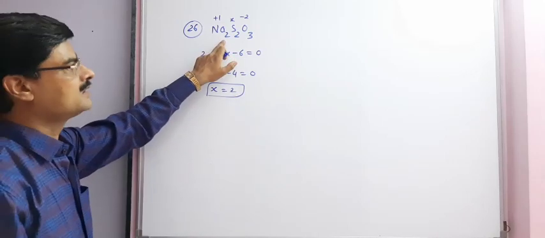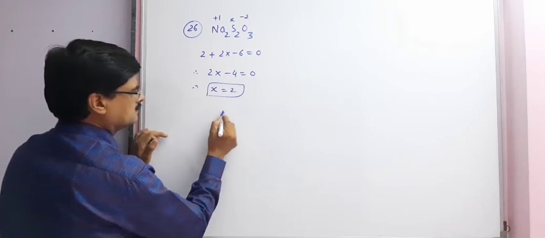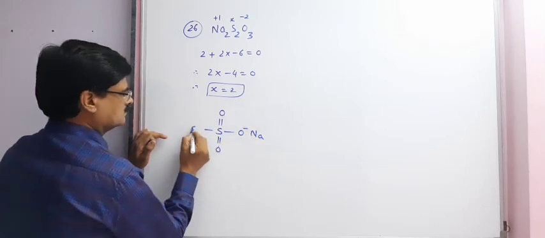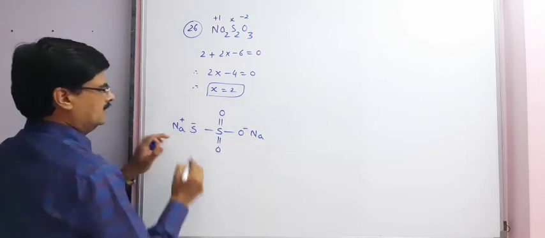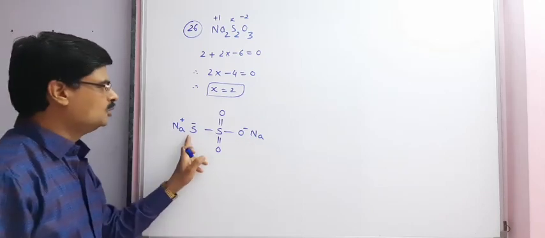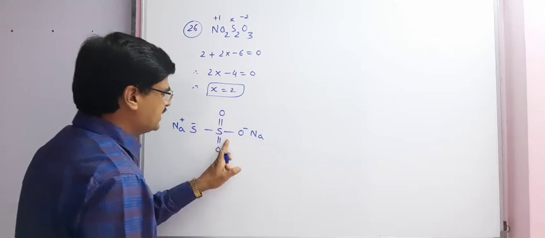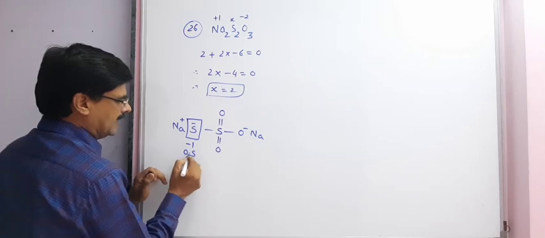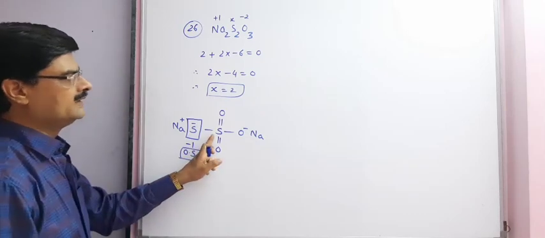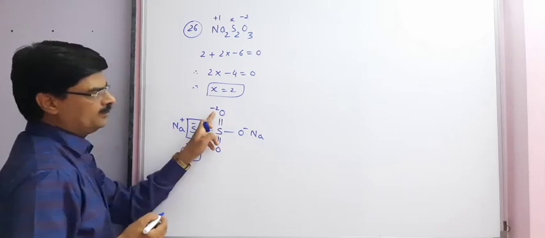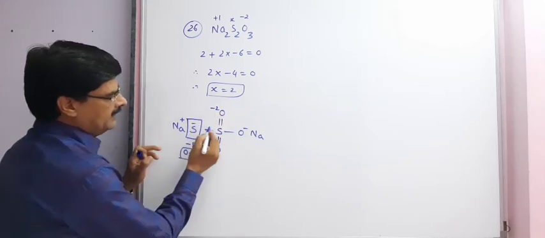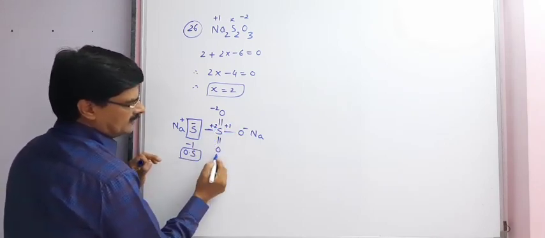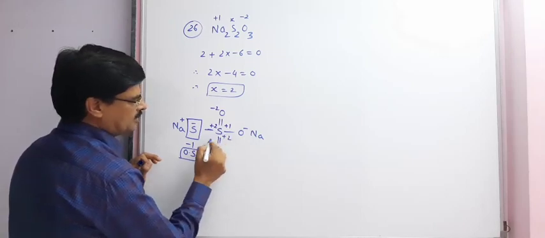But by drawing the structural formula, this is the structural formula of Na2S2O3, in which we can see that this sulfur has oxidation state -1. Now for this sulfur, from this oxygen double bond S, we will get +2. From this +1, and from this oxygen -2, therefore sulfur +2.